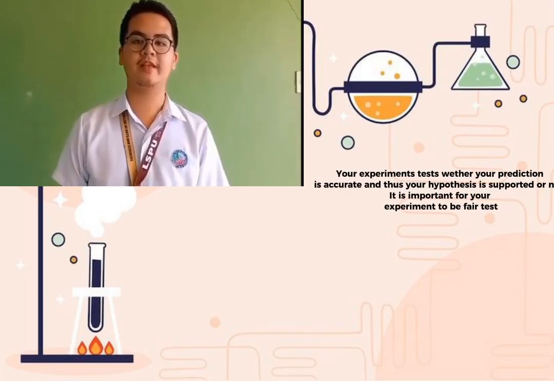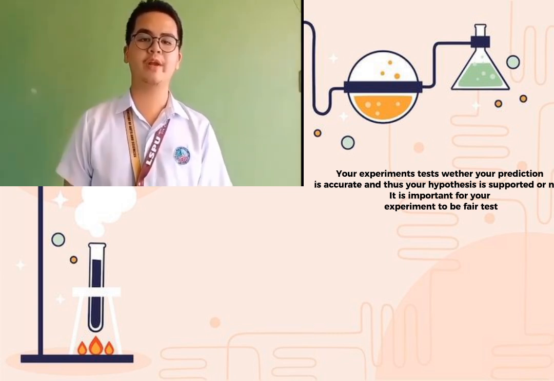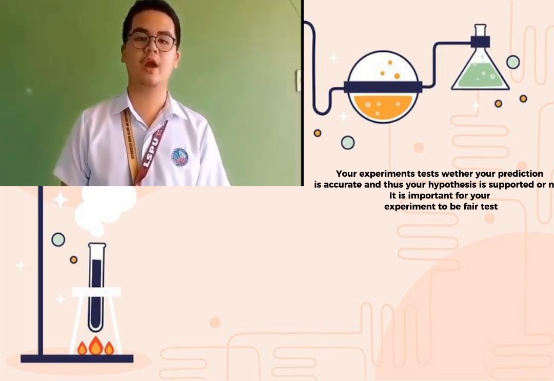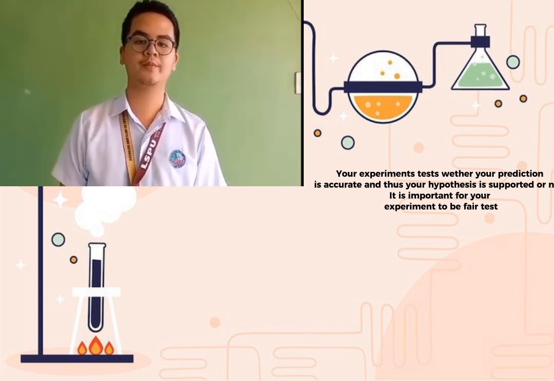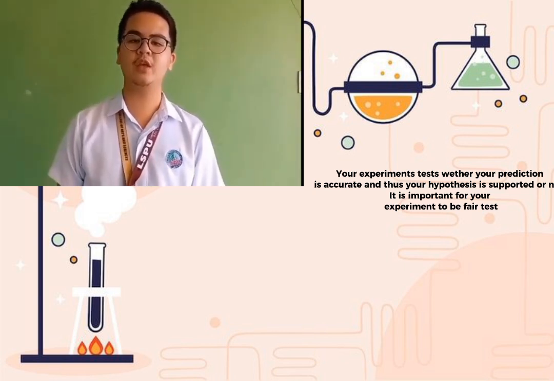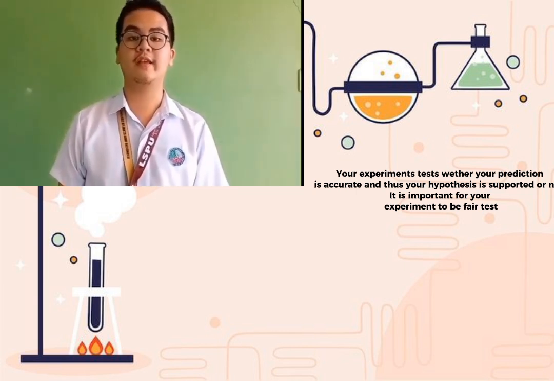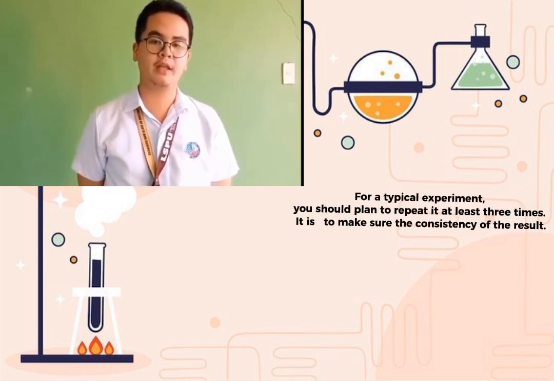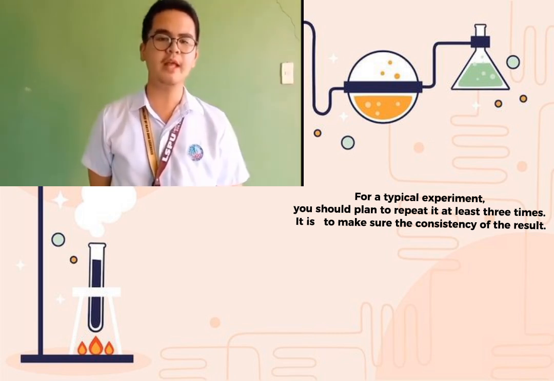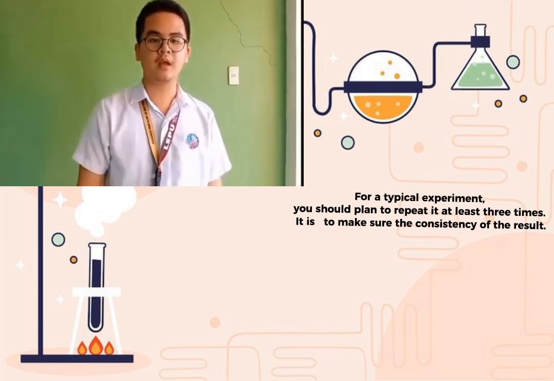Step 2. Testing a hypothesis. Your experiment tests whether your prediction is accurate and thus whether your hypothesis is supported or not. It is important for your experiment to be a fair test. You conduct a fair test by making sure that you change only one factor and keep all other conditions the same. For a typical experiment, you should plan to repeat it at least 3 times to make sure of the consistency of the result.